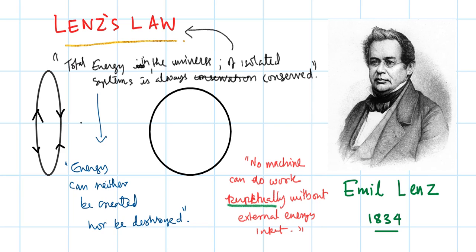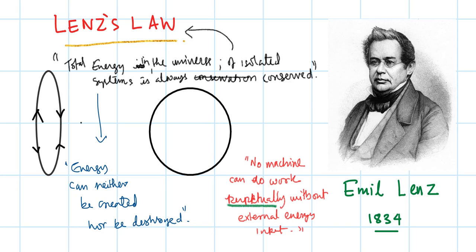Why don't you use that electricity to run the motor again? So the motor will keep working, the generator will keep working, and these two together could end up being a perpetually moving machine. But that does not happen, because of the law of conservation of energy.